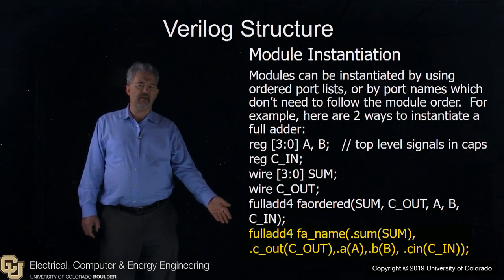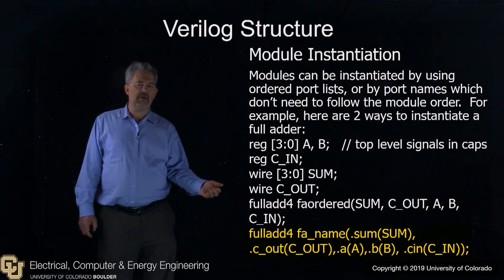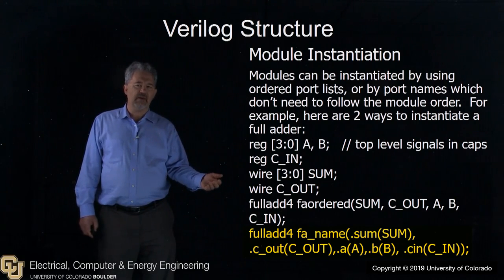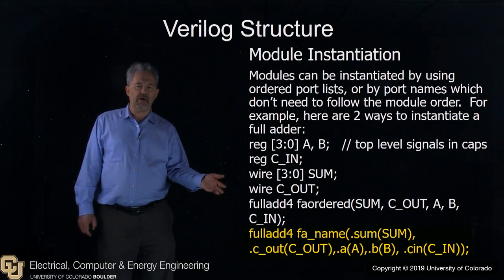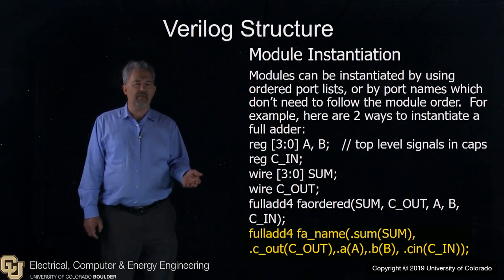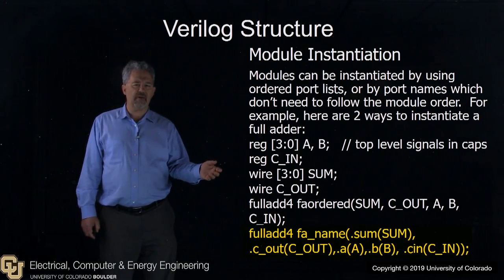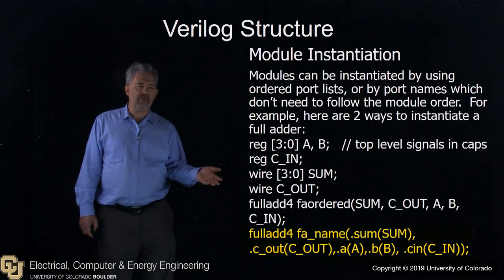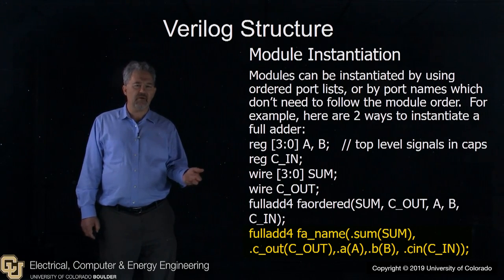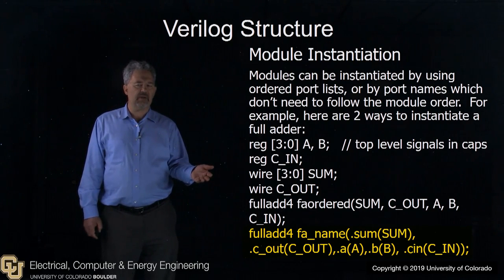In the second instantiation, what you see is signal pairs that have been created. So the top-level signals are in parentheses. The signals from the module definition have a period in front of them. And so here you have period sum and then parentheses sum. The top-level signals are all in caps, and the module signals are all lowercase to try to distinguish between the two of them in this particular example.